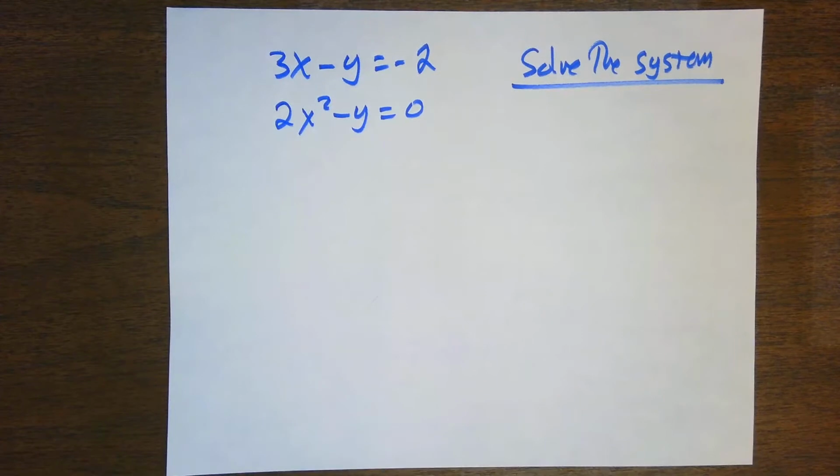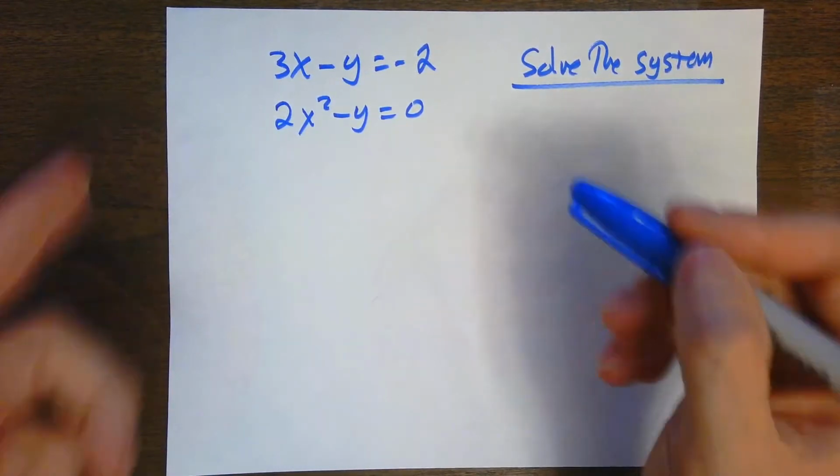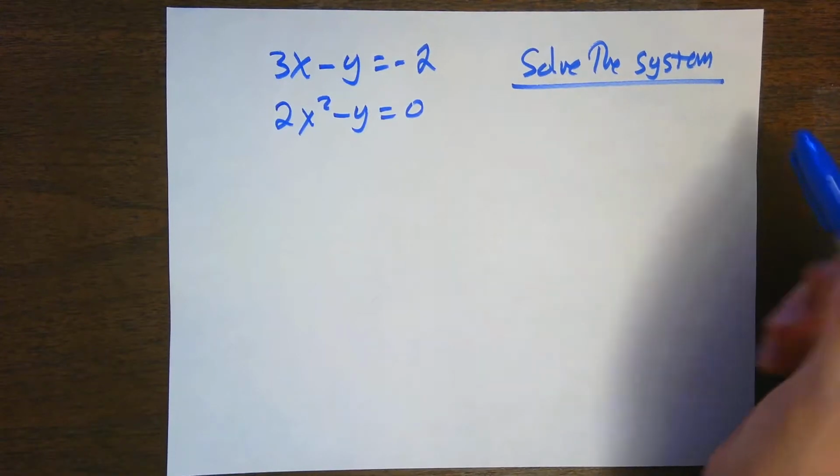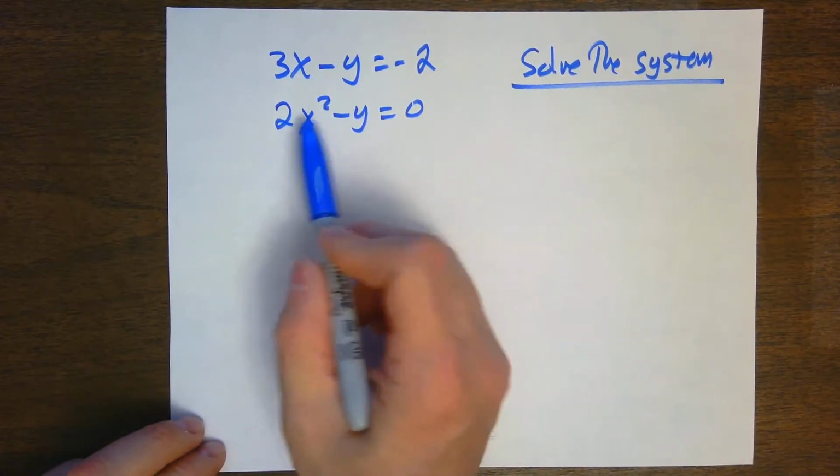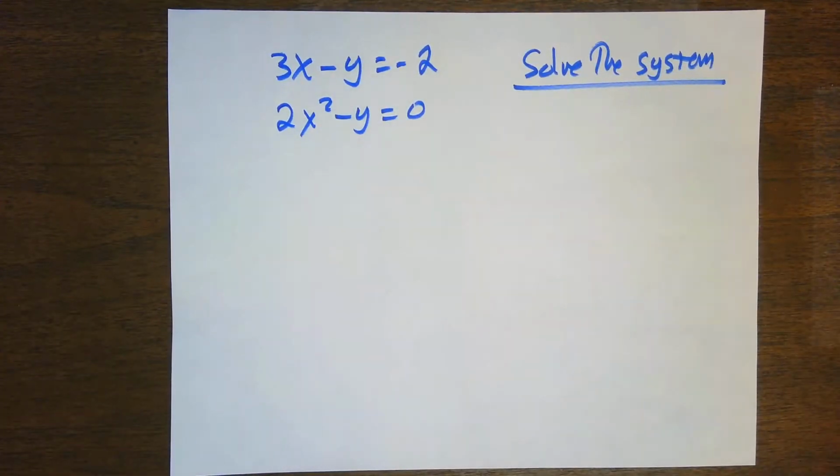The good news here is we cannot use matrices. Not only are we not going to use matrices, but we can't. The only time we can use matrices is if they're all first degree. So matrices are off the table. Don't worry about matrices. Now, I'm sure that makes everybody very happy.